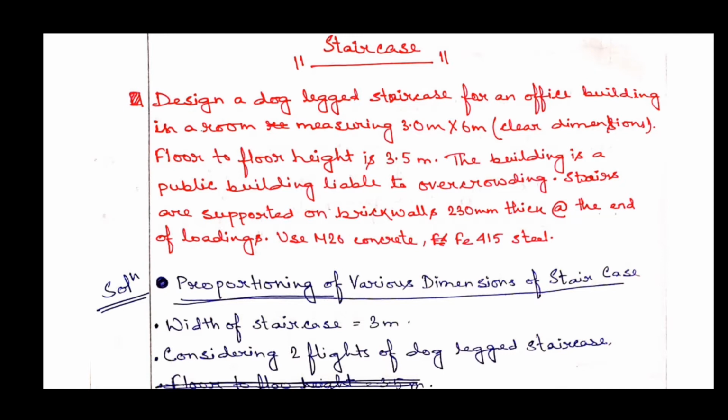We can select the riser and tread depending upon the type of building and the crowding, right? So first of all, before RCC design, we have to do the geometrical design of the staircase.